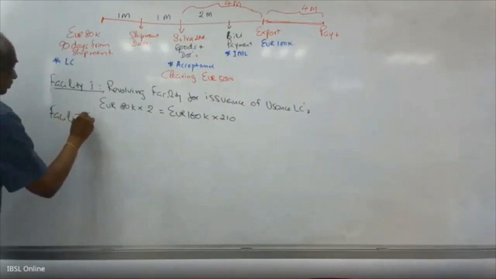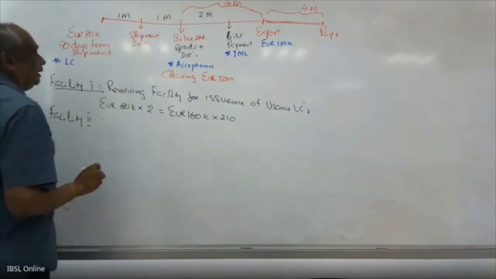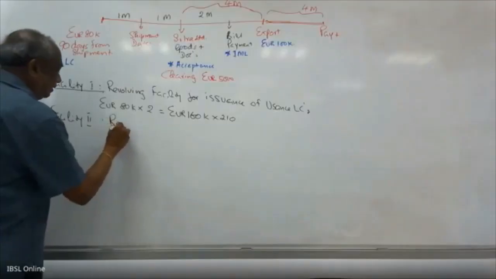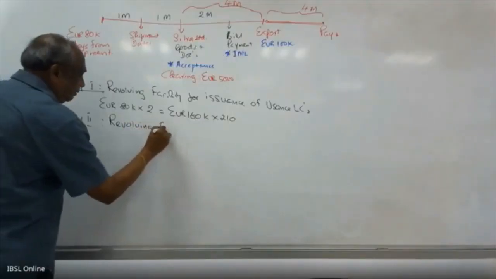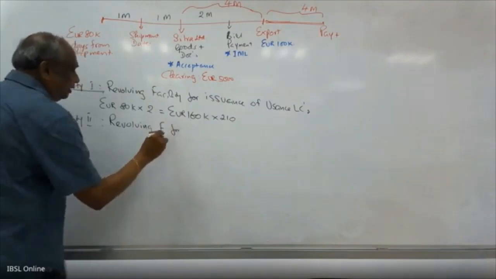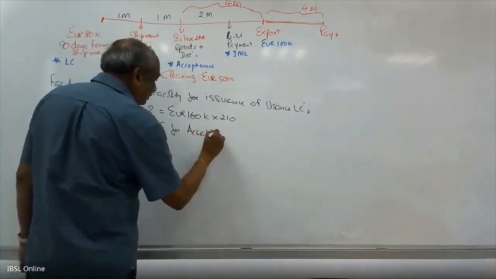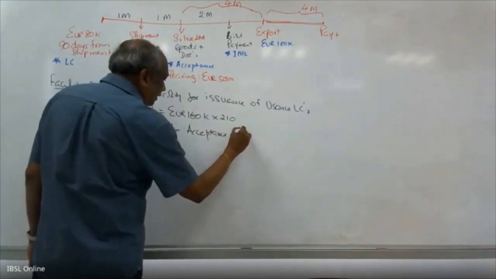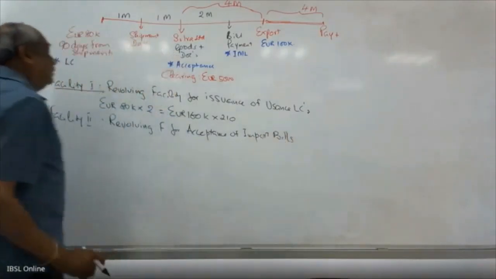Facility 2. That is a revolving facility for acceptance of import bills.